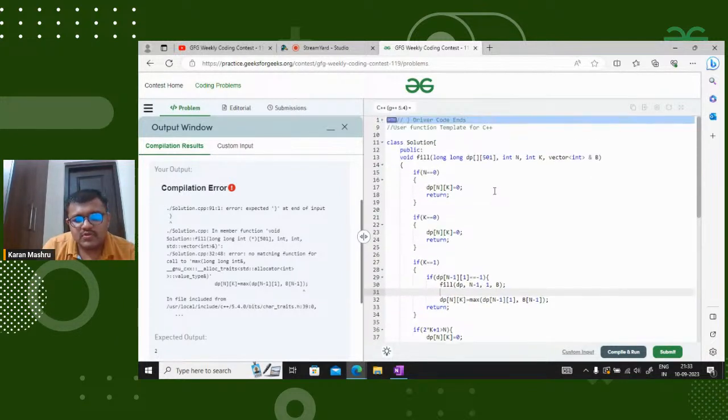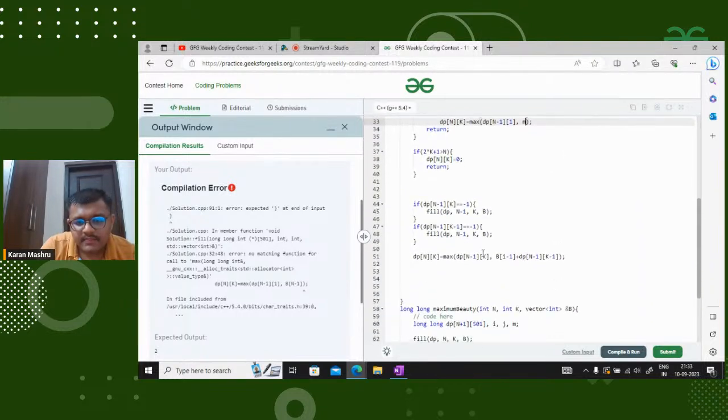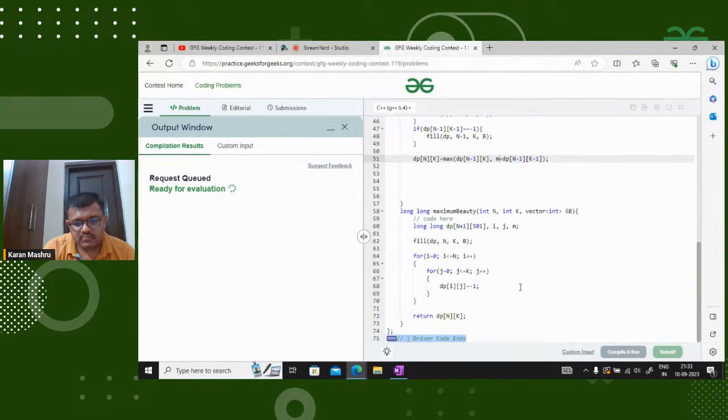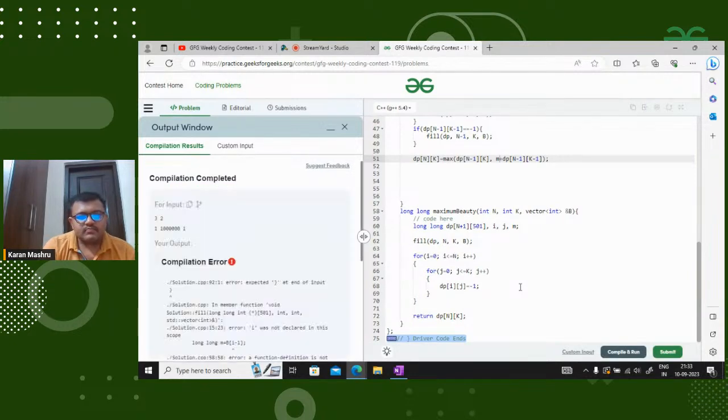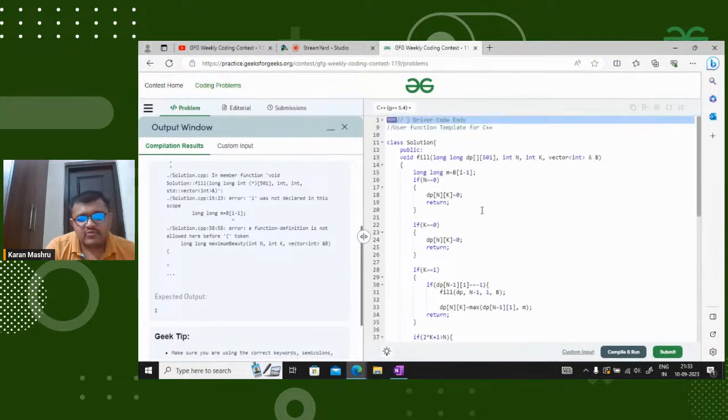So here I need to take something else. So let me take, or I can typecast it simply. Long m, which will be equal to b of i minus 1. So I can replace it with m, and here also I can replace it with m. i was not declared.